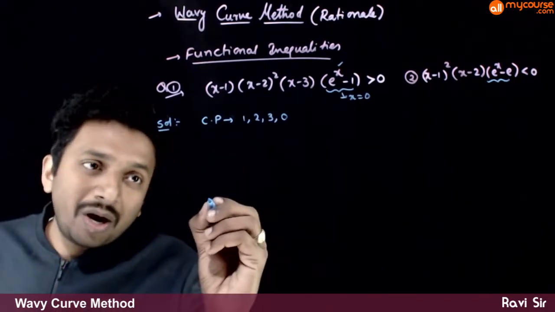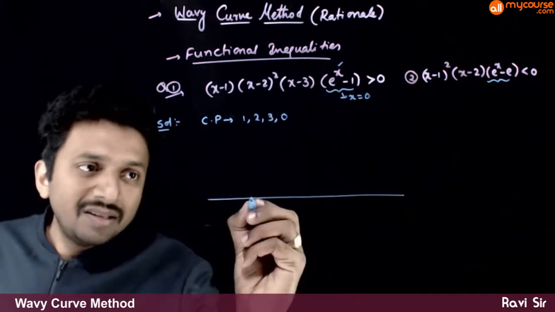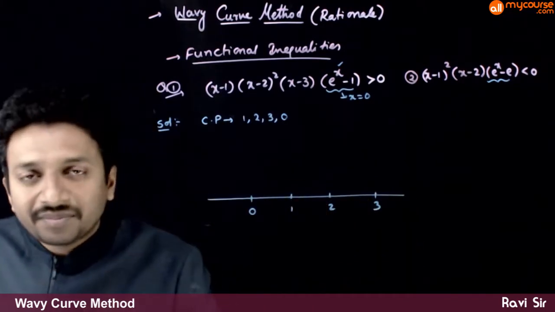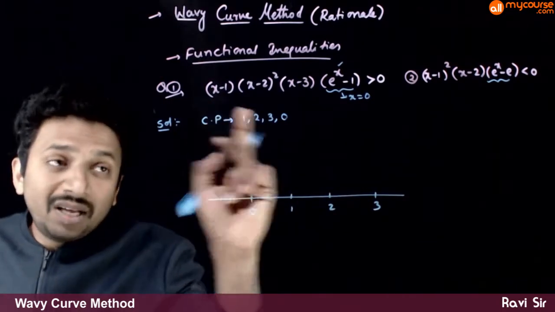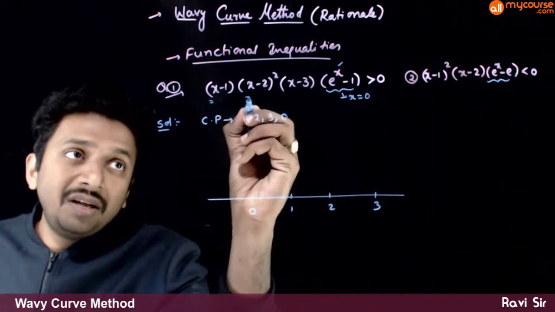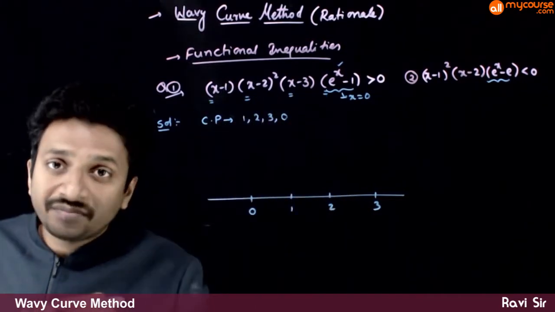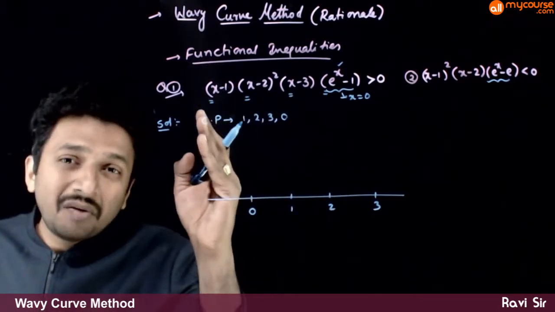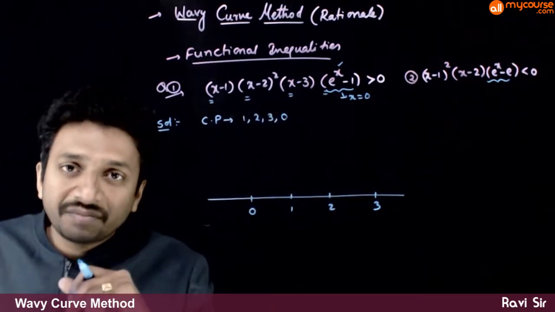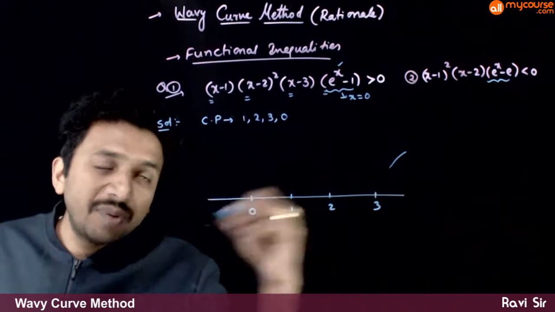So let us plot them on the real line. It is 0, 1, 2, 3. Now let us draw the wavy curve for this. All the leading coefficients are positive. That means when you put x as a very large number, each of these expressions is positive. That means the graph starts from above the x-axis.